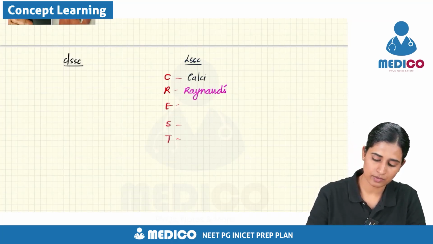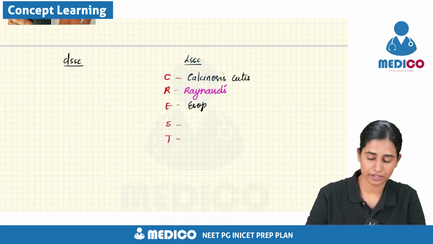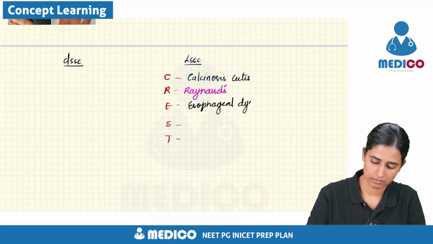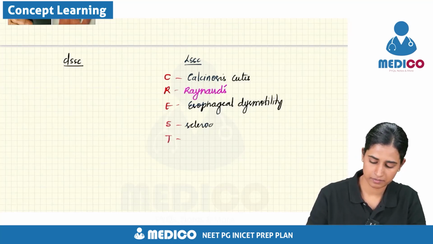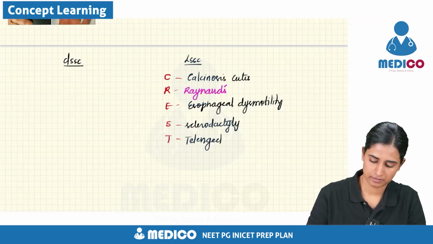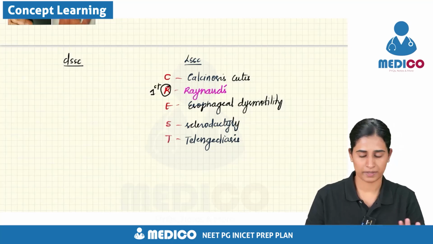C is calcinosis cutis. E is esophageal motility syndrome. S is sclerodactyly. T is telangiectasias. So this is CREST. In that, R is the first thing to present.